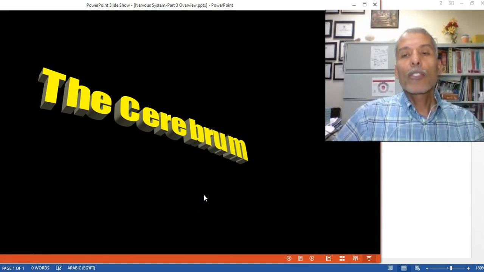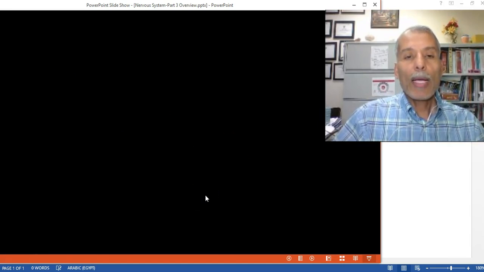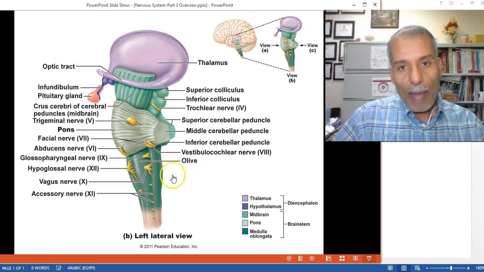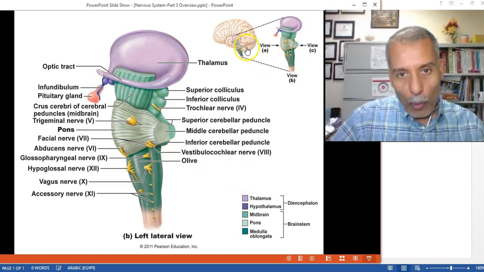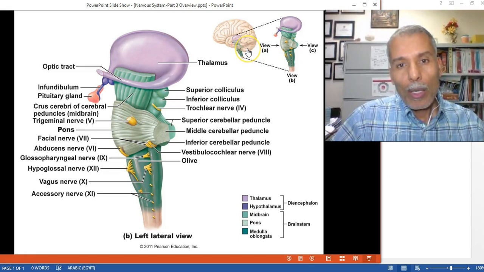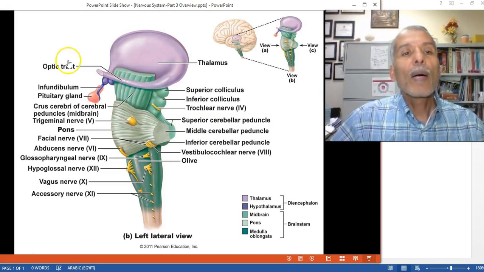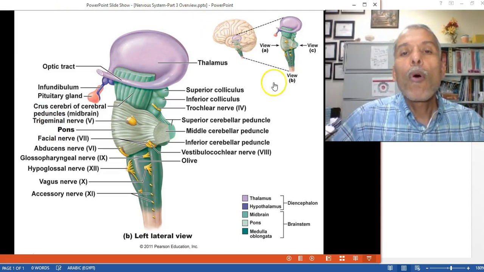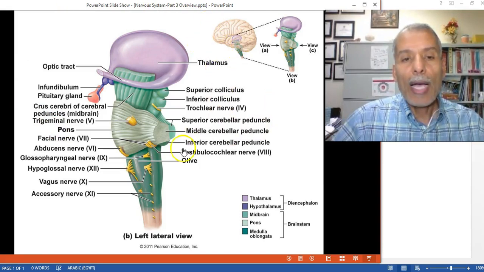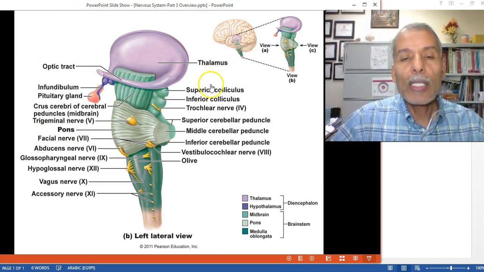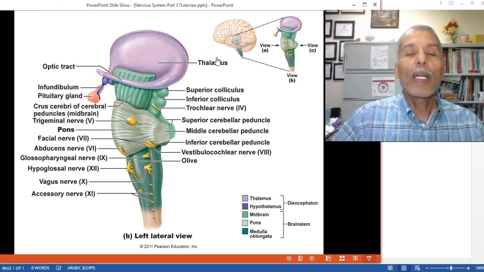Now we look at the cerebrum. Put the cerebellum back here, connected with the pons in the back, that means everything that's above, all parts of the brain that wrap around these areas, make up the cerebrum.